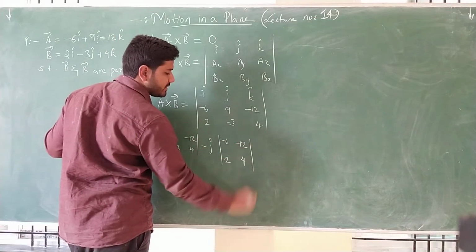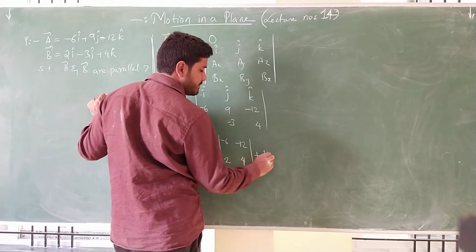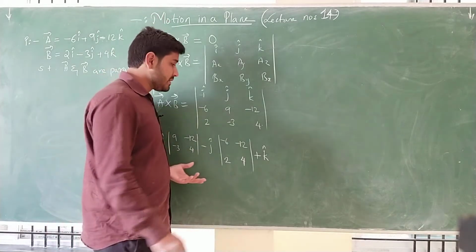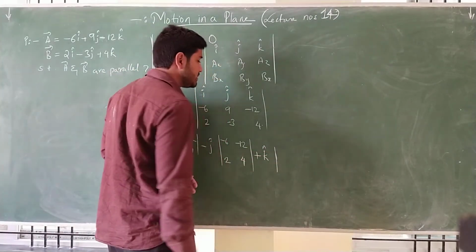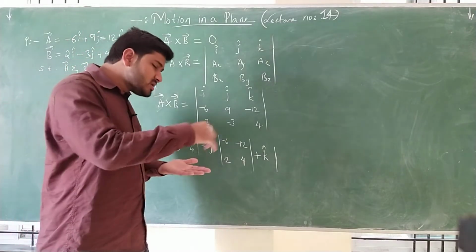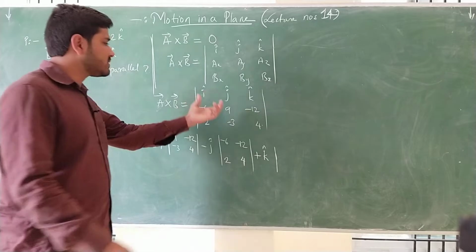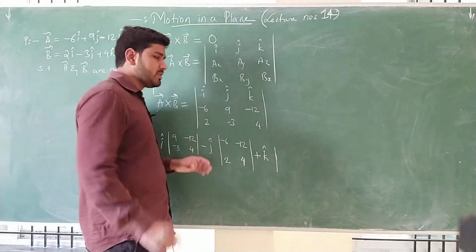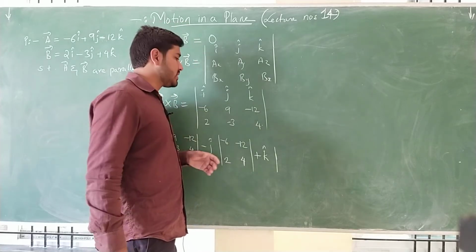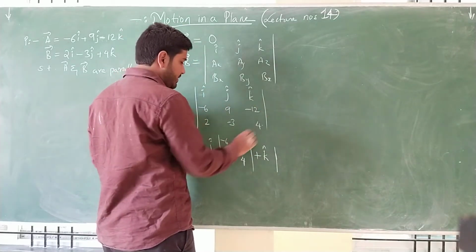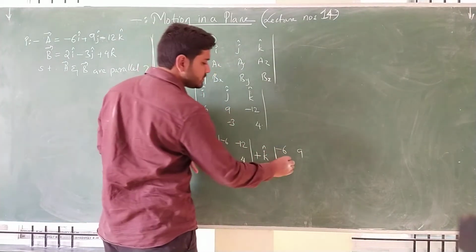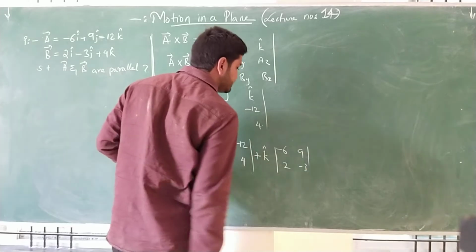Plus k cap: write the k cap, leave its row and column: minus 6, 9, 2, minus 3. Pause the video and start solving, and verify your answer after my answer.